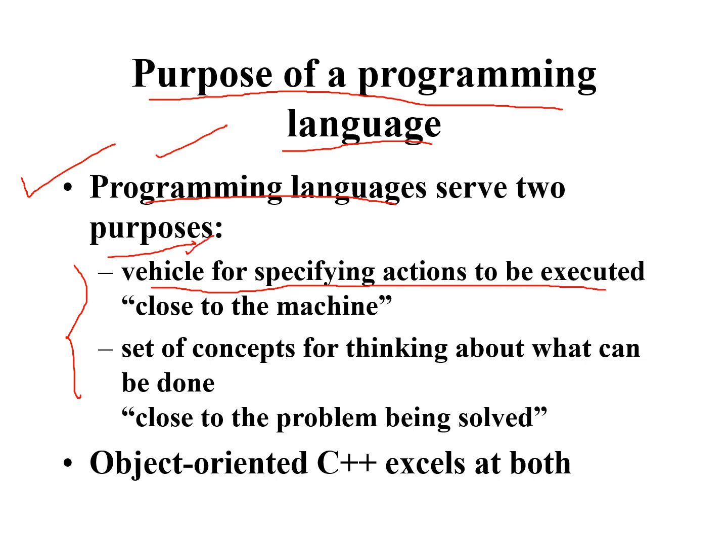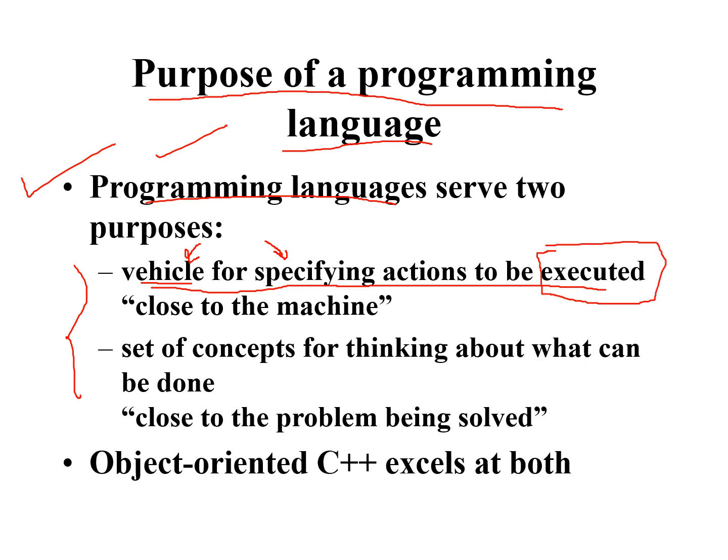Vehicle means what over here? It helps you go with the help of it. It does not mean the vehicle we talk about in general days, like a car or motorcycle. It helps in specifying the actions that need to be executed.